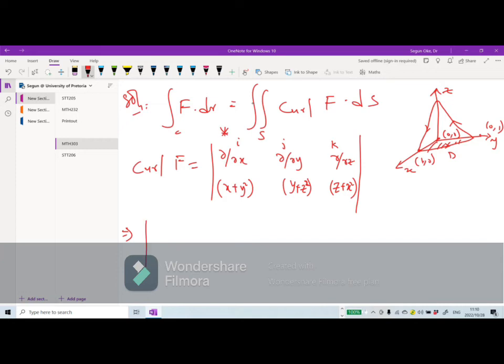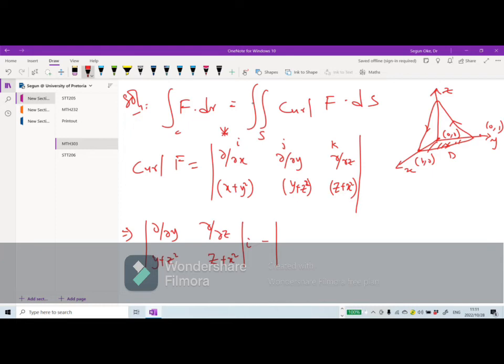It will remain d/dy, y plus z squared, and d/dz, z plus x squared, times i.